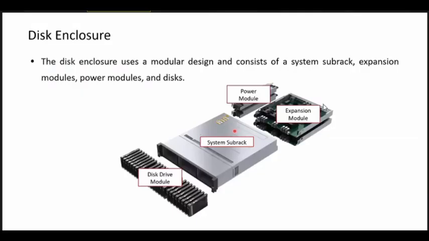Right. So then we talk about disk enclosures. Disk enclosures are a very simple product. They are basically enclosures for your disks. The design is exactly the same as the controller. If you buy a controller and a disk enclosure, the front end will look the same.